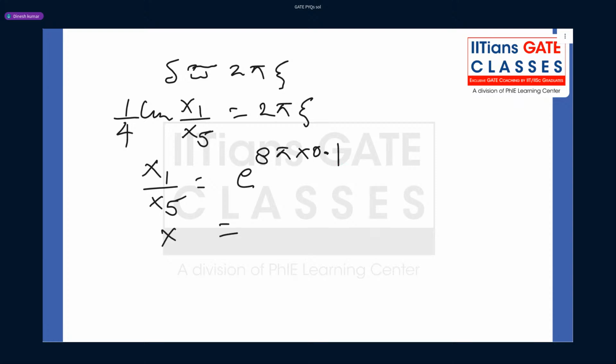So tell me, guys, this ratio x1 by x5, how much is it coming? So x1 by x5 is coming how much? 12.344.